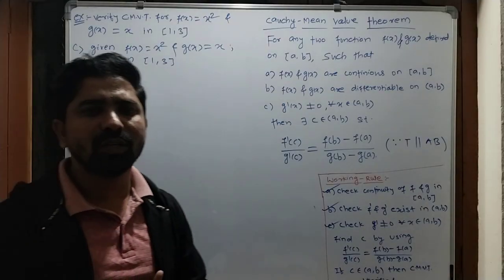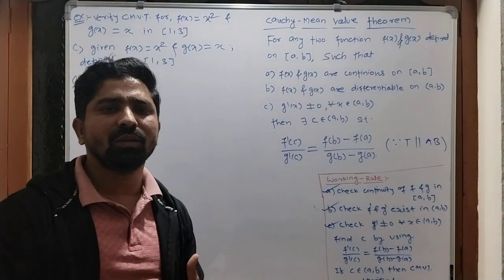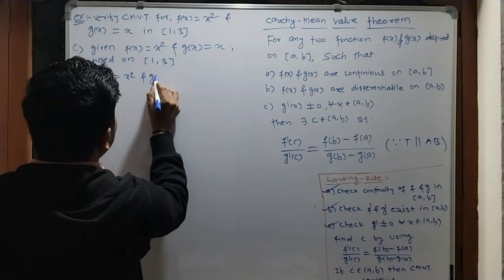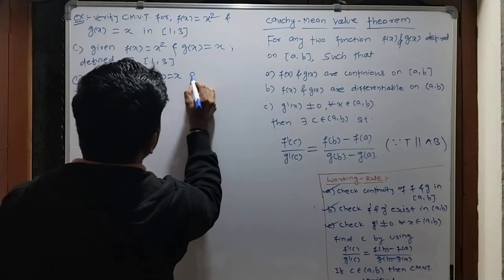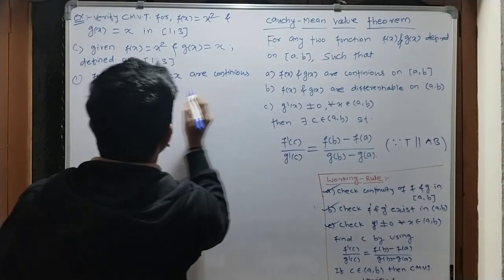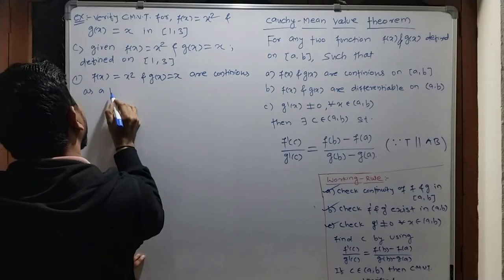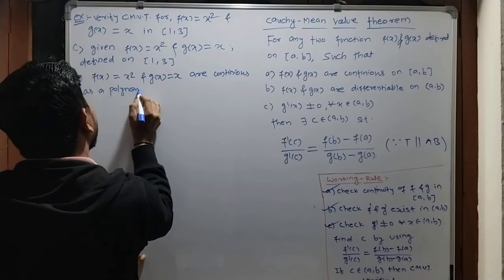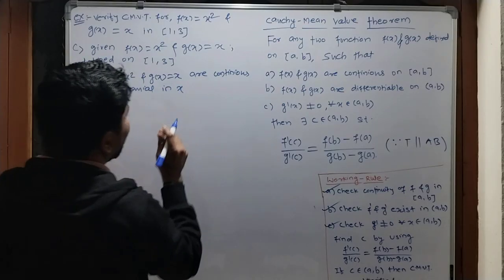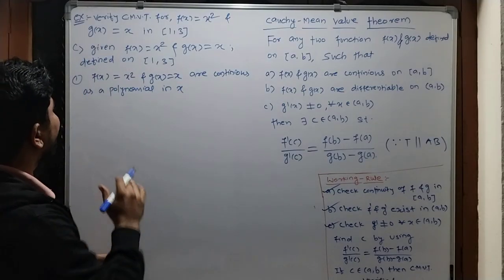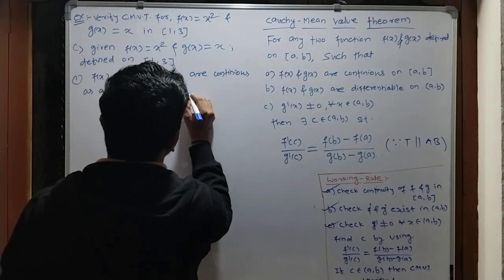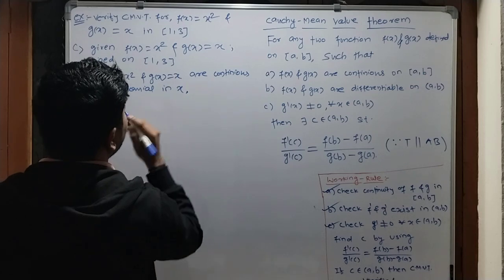Therefore f of x equal to x square and g of x equal to x are continuous as polynomial functions in x, because all polynomials are continuous. So here first condition is okay.